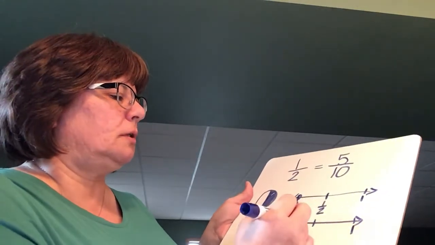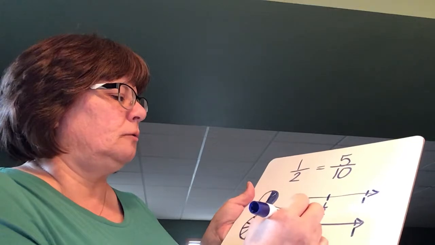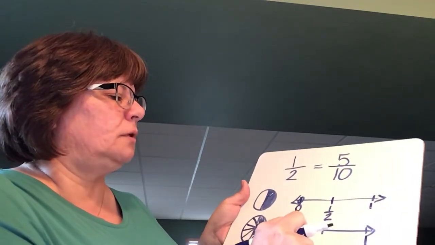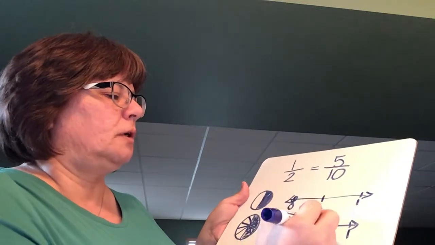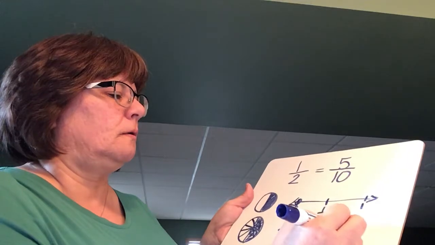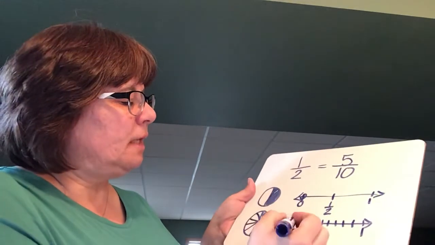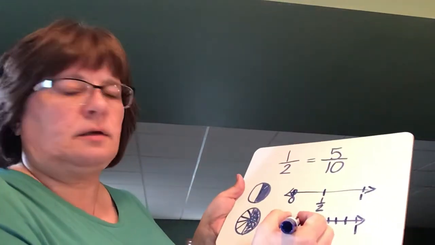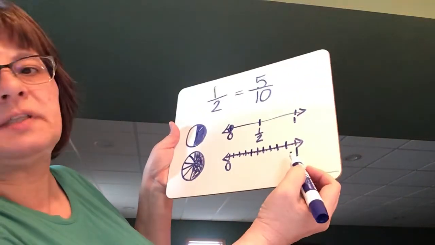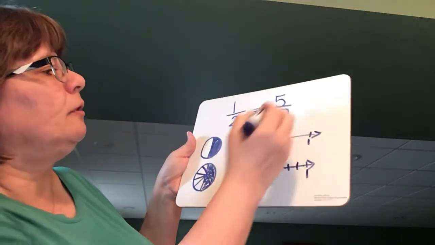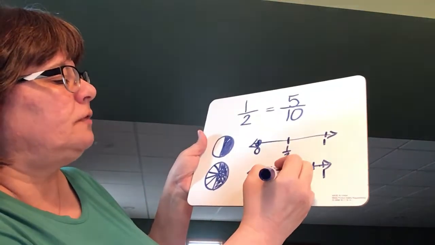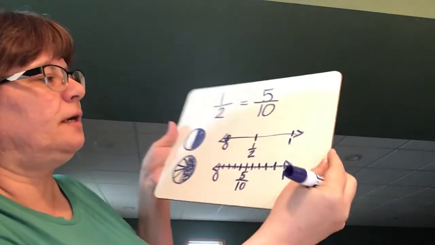So let's see. 1, 2, 3, 4, 5. Okay, so I should have 10 pieces. 1, 2, 3, 4, 5, 6, 7, 8, 9, 10. See how I have 10 pieces there? And I'm going to go to 5. 1, 2, 3, 4, 5. So this is 5/10 right there. And that's how I've justified it with a number line.